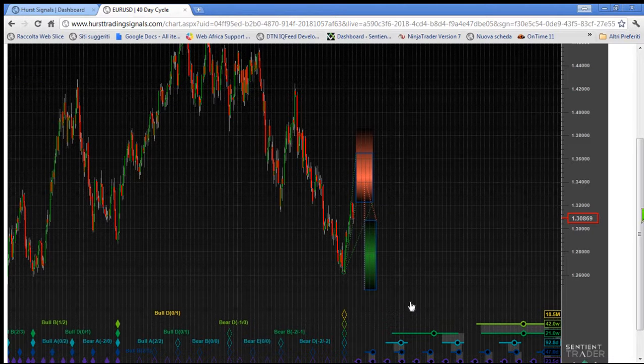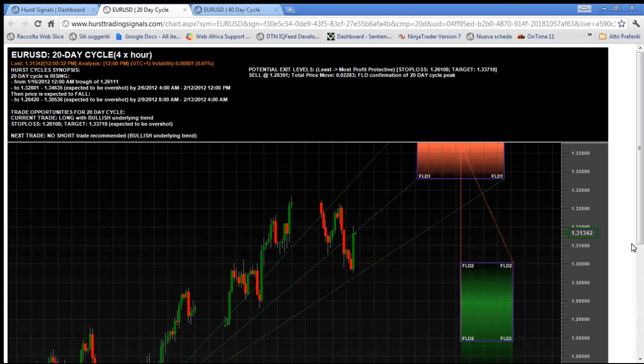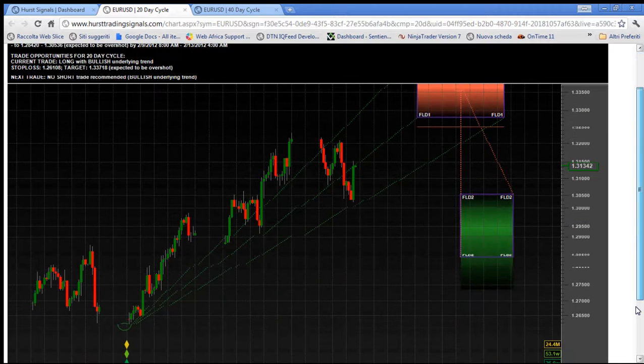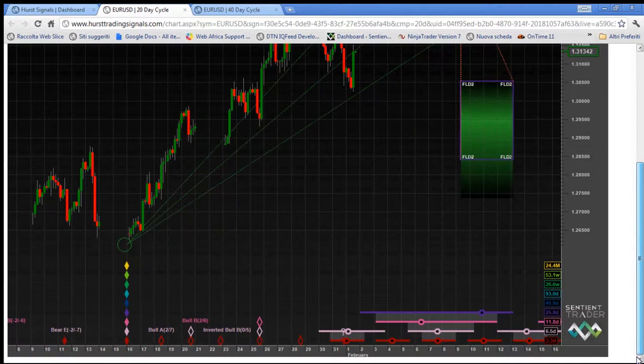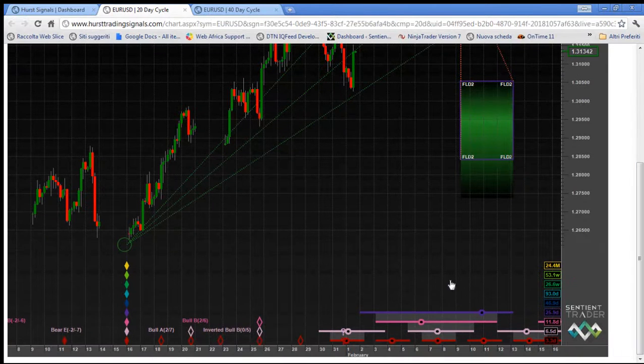And oops, I've been clicking on the wrong things and pressing buttons and doing all kinds of things. There we go. And you can see that the long-term analysis in Hurst signals is absolutely in line with the same analysis that I've been speaking about today, which is of no surprise because the analysis I've been speaking about today is the default sentient trader analysis that's being performed.